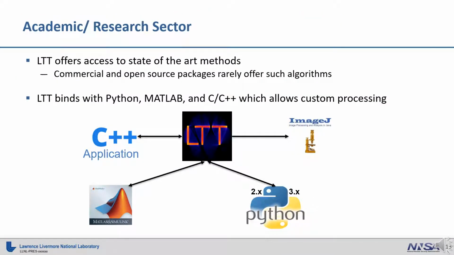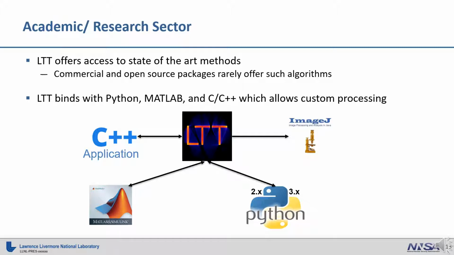So the last area of application that we'll talk about today is the academic and research sector. We've already gotten a lot of interest in LTT in this area, and it's mostly because LTT offers access to state-of-the-art algorithms to the common user. Commercial and open source packages rarely offer such algorithms.